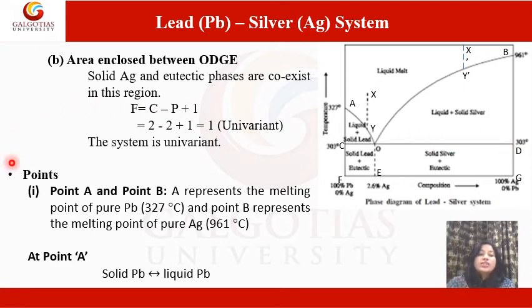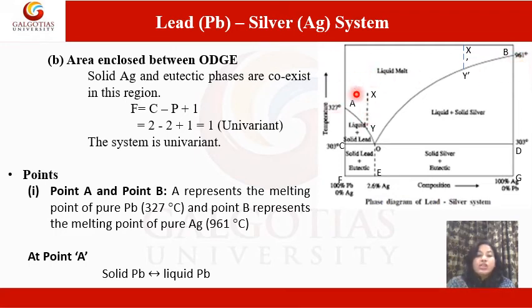Now, let us consider points, point A and point B. A represents the melting point of pure lead, that is 327 degrees Celsius, and point B represents the melting point of pure silver, that is 961 degrees Celsius.